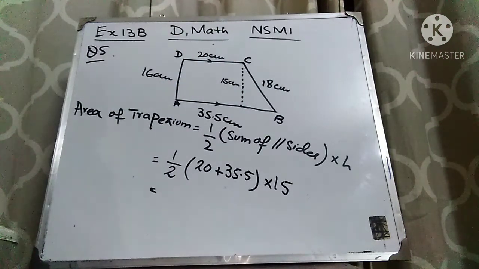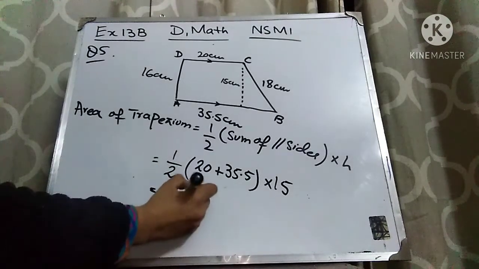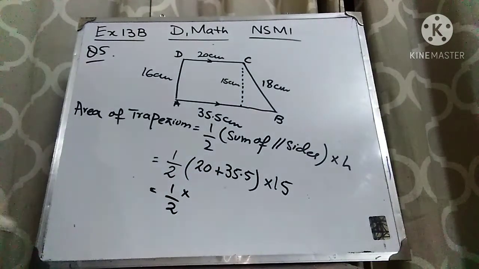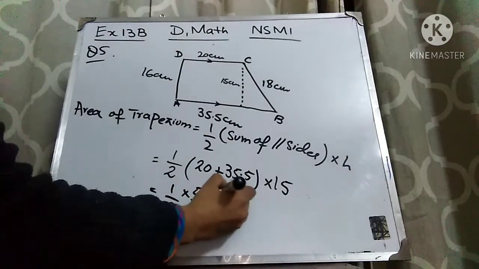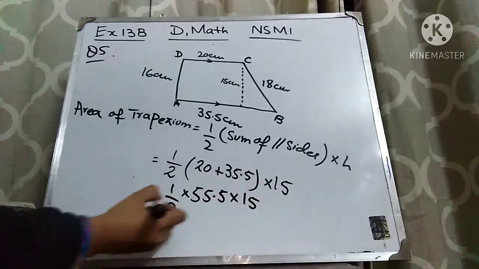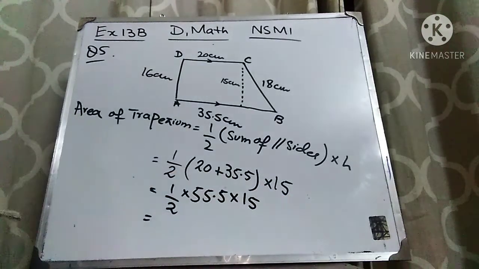Alright, so when I add 20 and 35.5, I will get 55.5. Now I will multiply 55.5 with 15 and I will divide it by 2.